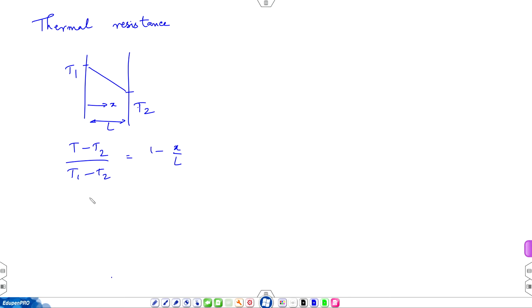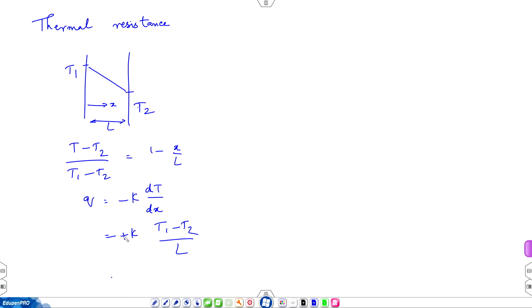So, what is Q? Q is equal to minus K times the derivative, and this will be equal to minus K (T1 minus T2) over L. This will be plus.